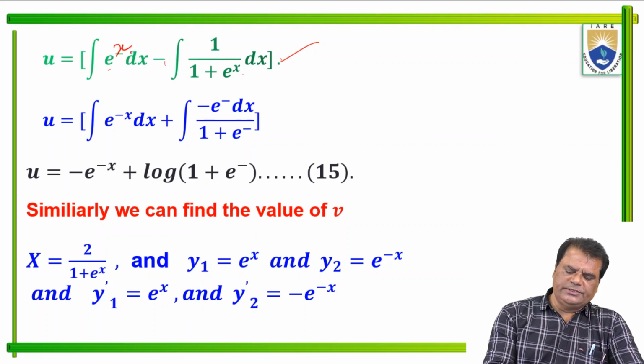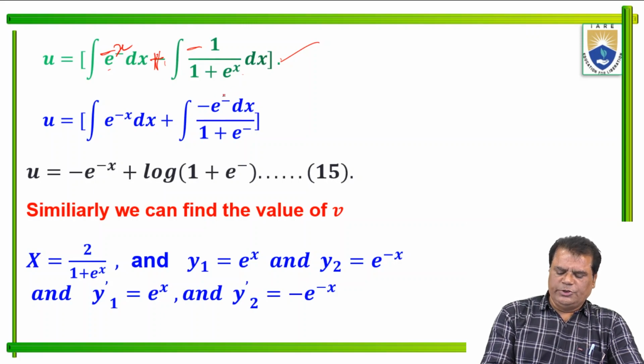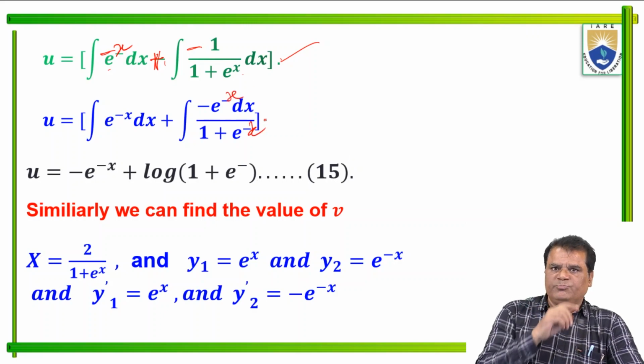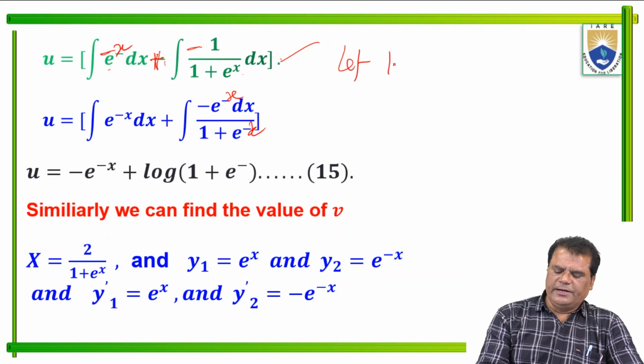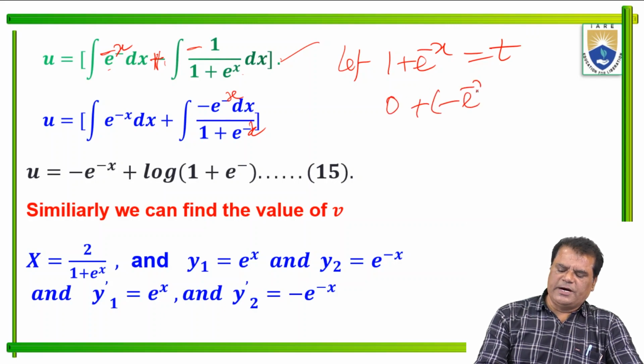So integrating e to the power minus x dx gives minus e to the power minus x. The minus sign is taken inside, and writing here plus. Now let 1 plus e to the power minus x equal to t. So minus e to the power minus x dx equals dt.